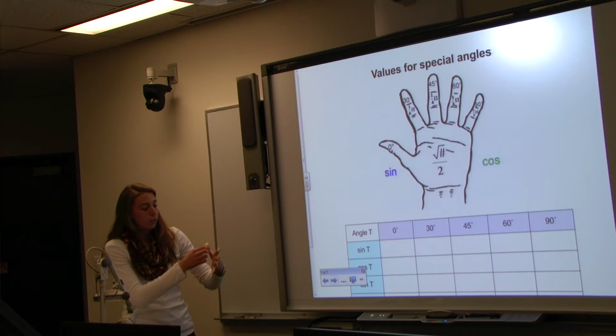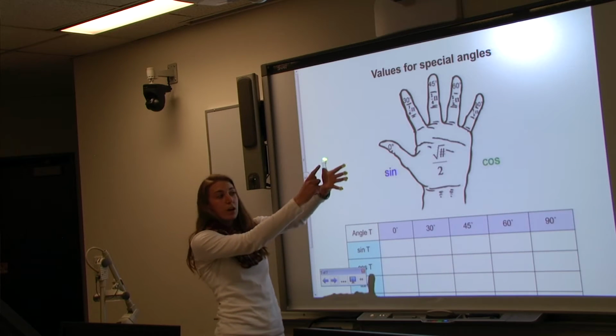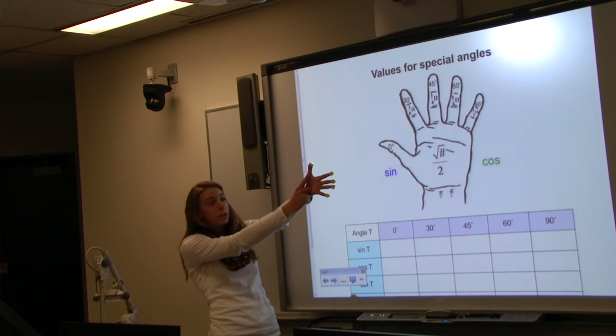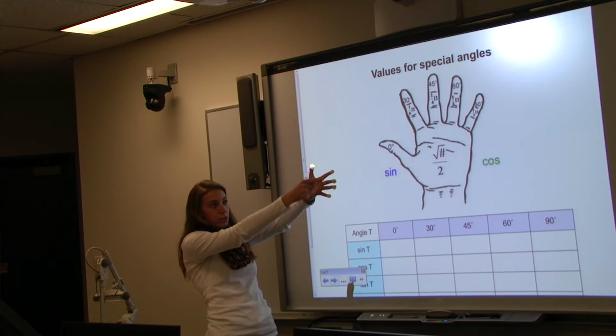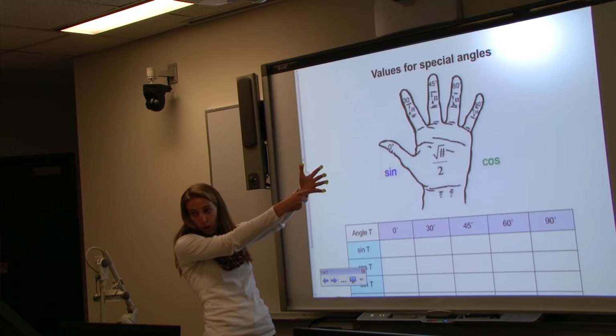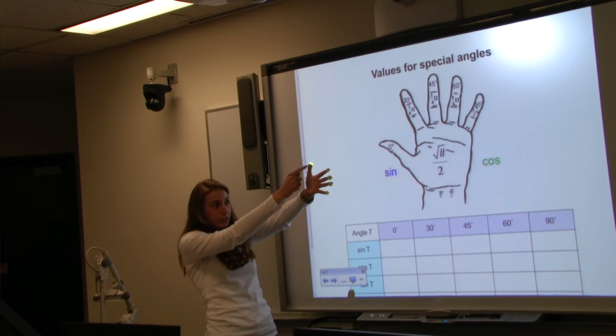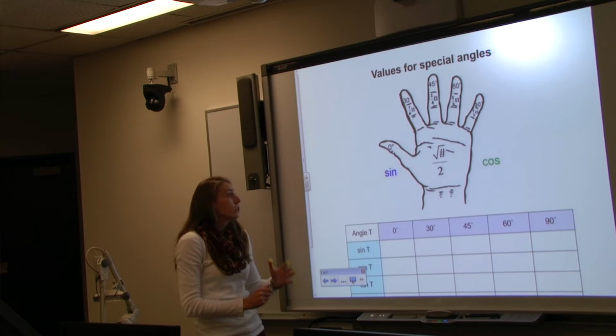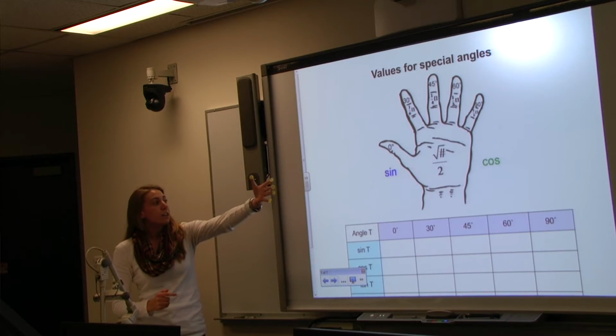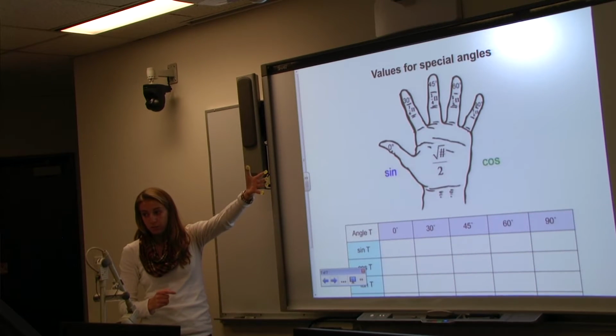So what you're going to do is count your fingers. We're starting with 0 though, not with 1. 0, 1, 2, 3, 4. Okay, so we want to find the sine of 0.